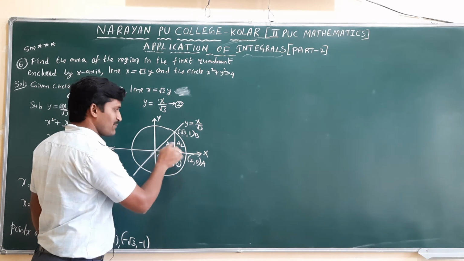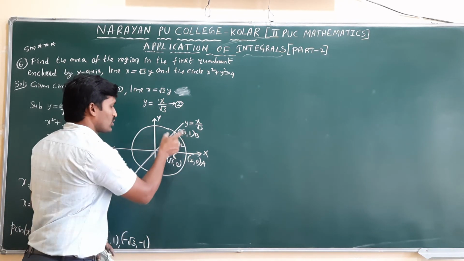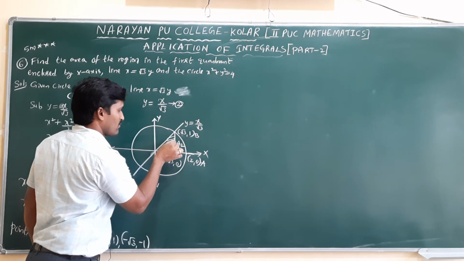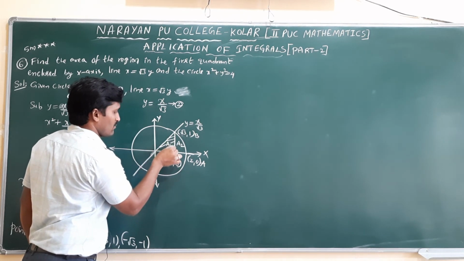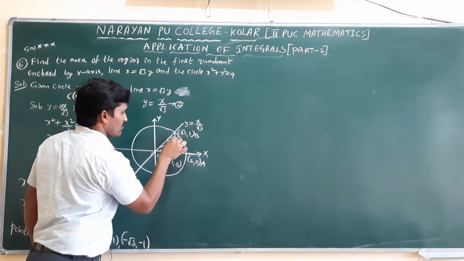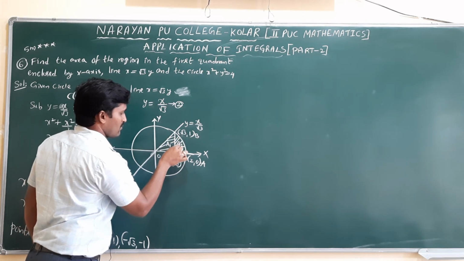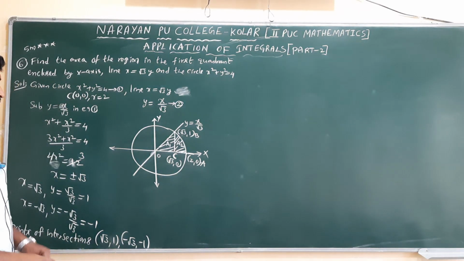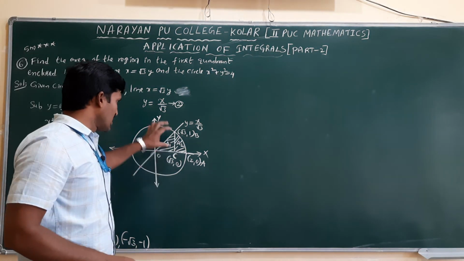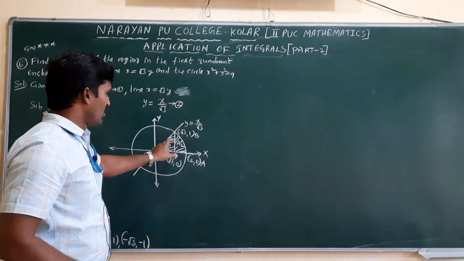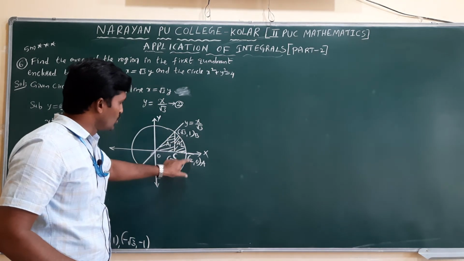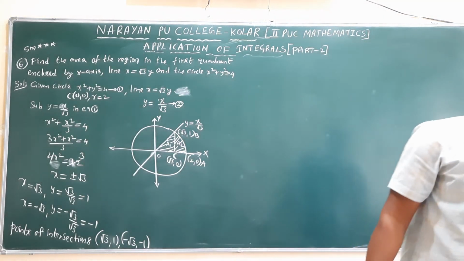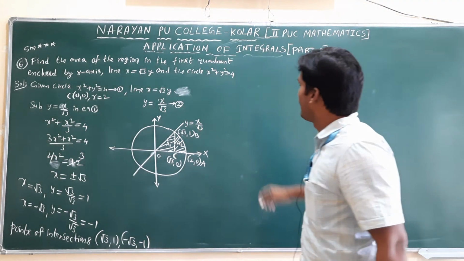The sum of both areas gives the total area in the first quadrant. Is that clear? From 0 to root 3 only the line is the curve, and from root 3 to 2 only the circle exists. Here we need to find two areas and sum them to find the total area.